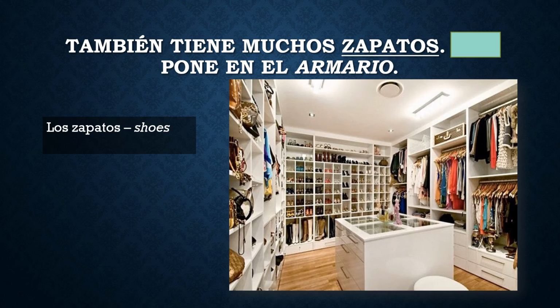También tiene muchos zapatos. ¿Dónde pone los zapatos? Los pone en el armario.